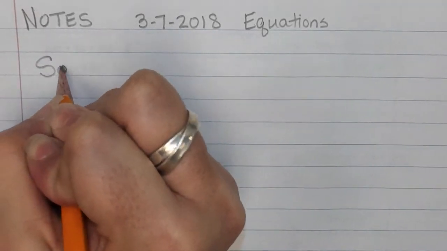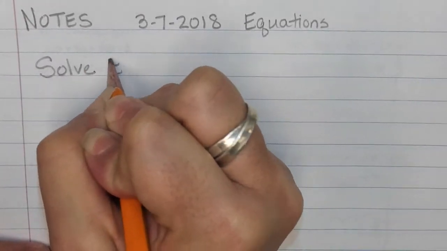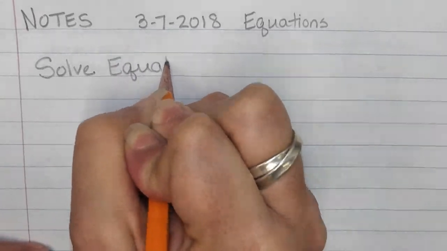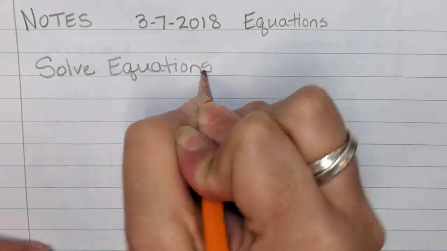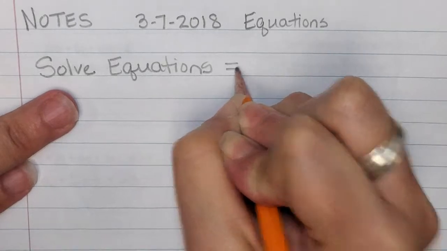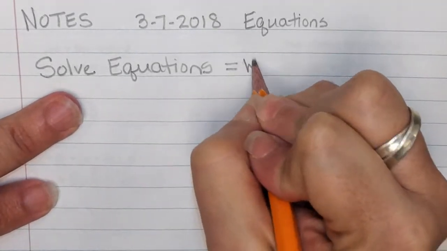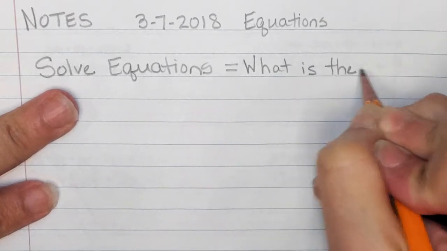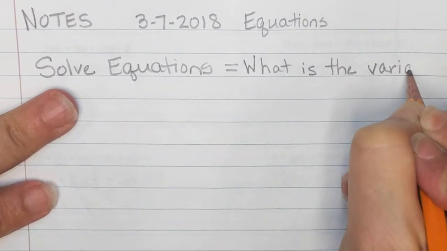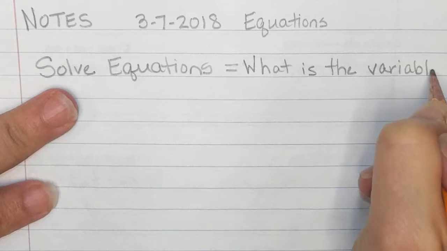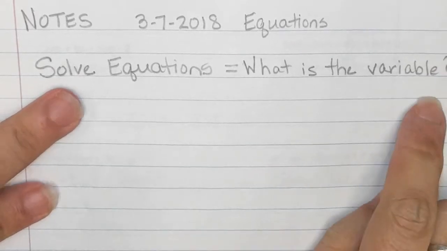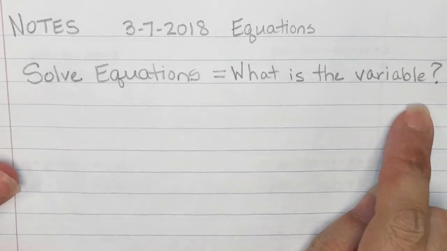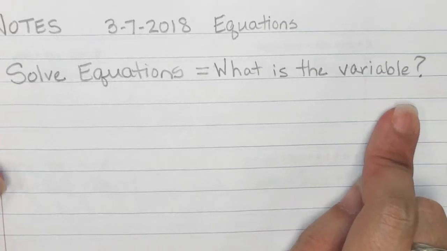So we're going to solve equations, meaning they have equal signs, which otherwise is known as what is the variable. We know that variables are the letters in our math problems. We know that the variable can be any letter of the alphabet as long as it's lowercase. That's going to be a biggie. Okay?